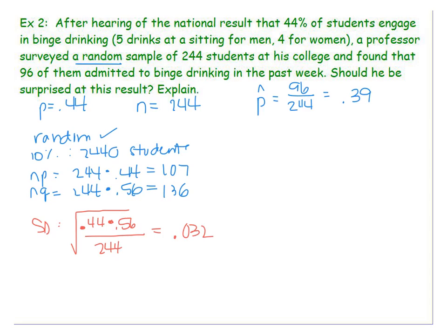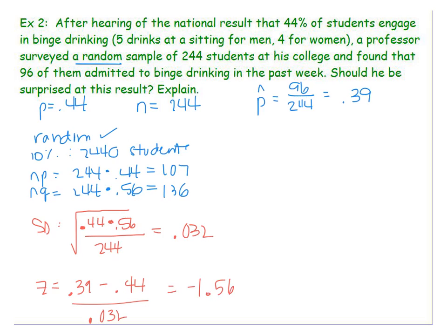So then, now that we have our standard deviation, now we can find our z-score. So what was our proposed sample? 0.39 minus our mean, which was the original P, which was 0.44, divided by the standard deviation we just found of 0.032. Type that in the calculator, round to 2 decimals, I get negative 1.56.